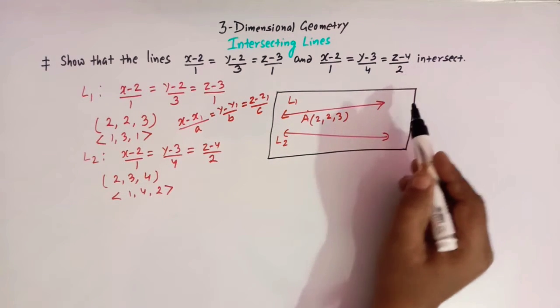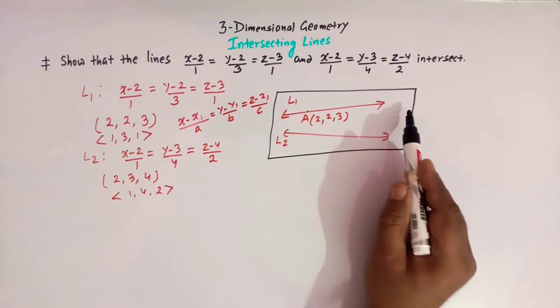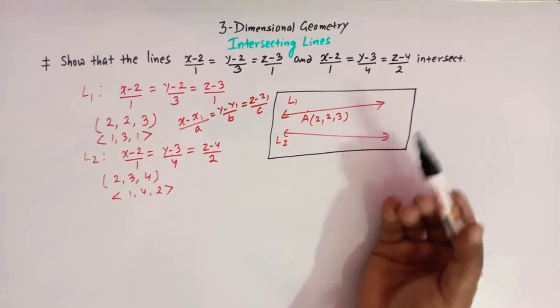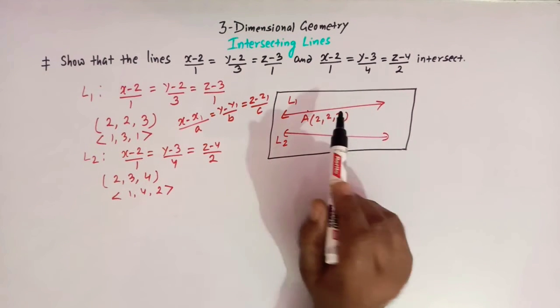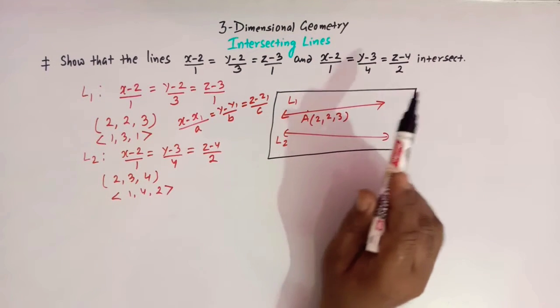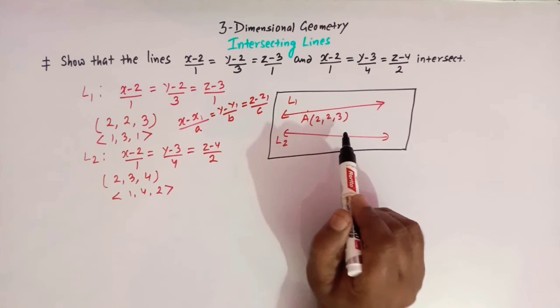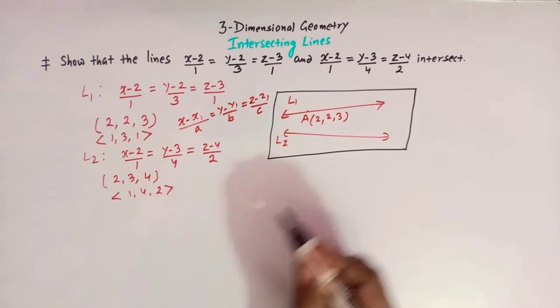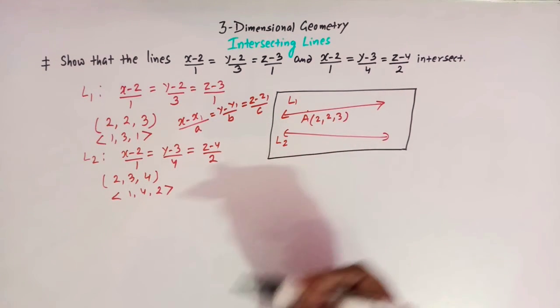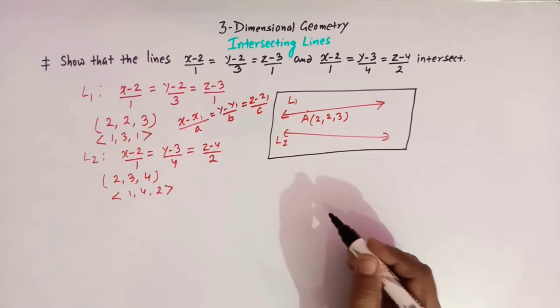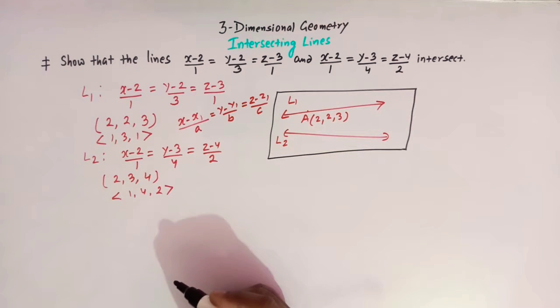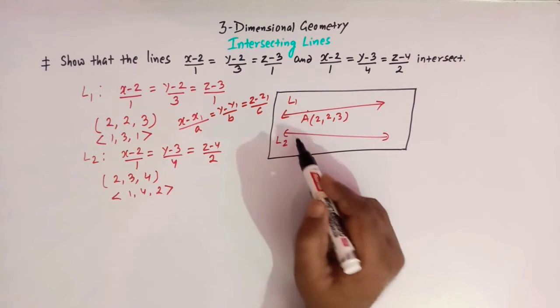Intersecting lines are coplanar, so to show that these two lines intersect, we can either show them to be coplanar, or adopt a different method. Let us first take the coplanarity of L1 and L2.